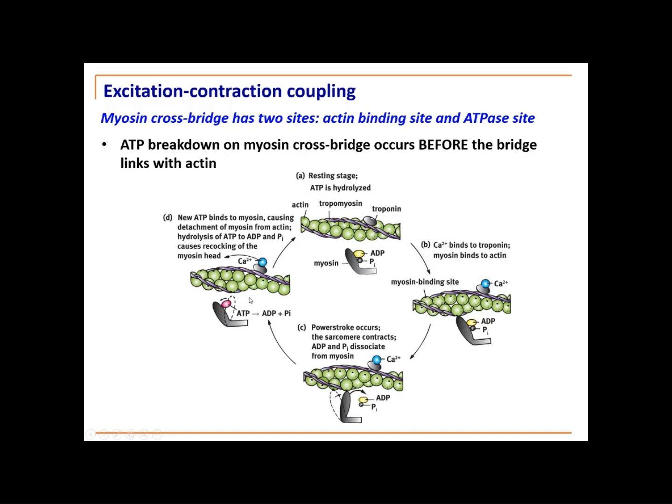And when the ATP binds, that causes detachment of myosin from actin. The ATP then gets hydrolyzed to ADP and phosphate by the ATPase activity. That then cocks it back into the ready position. So it goes from not ready into the ready position. And then we're ready to go through the whole cycle again.